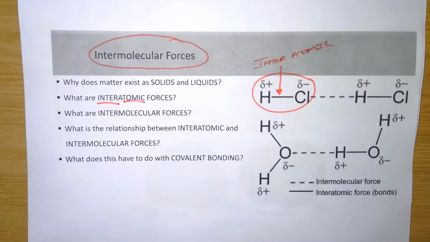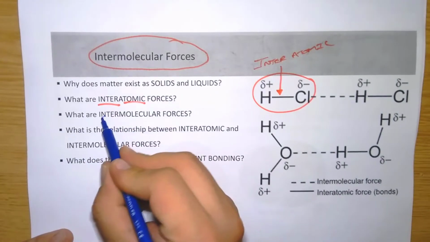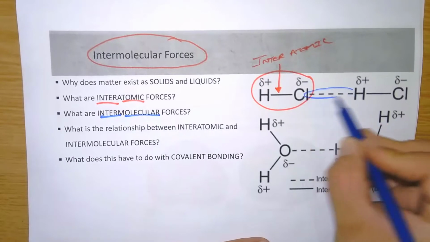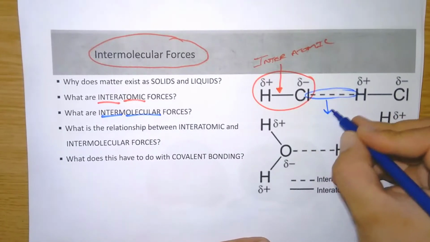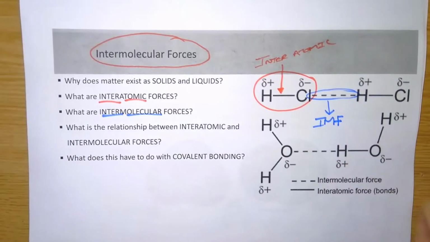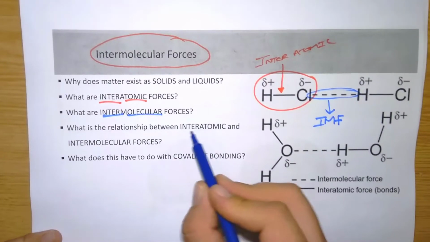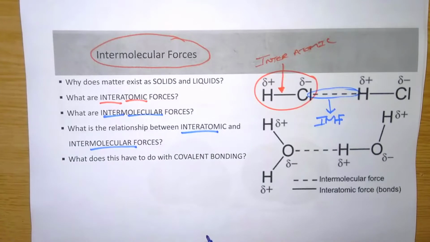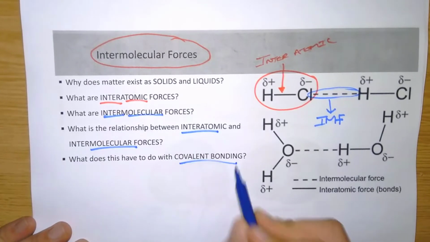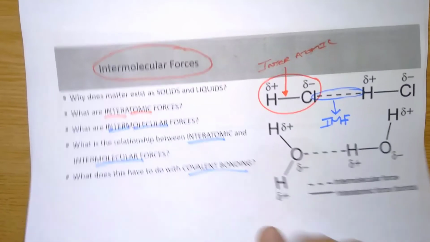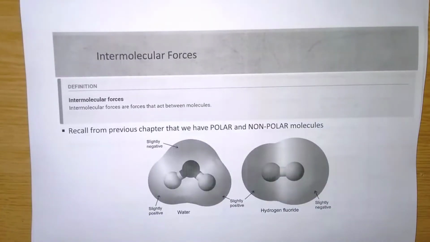Intermolecular forces then is between molecules, so that would be this force here, and that would be our intermolecular force. What is the relationship then between interatomic and intermolecular? We are going to take a look at that much later on. We're also going to talk a lot about how covalent bonding plays a role in these types of bonds.